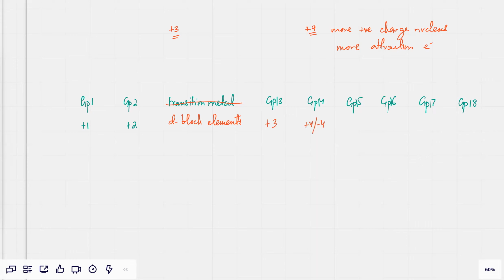No, group 5 is a non-metal. It would start gaining electrons. It's got 5 electrons in its outer shell. How many would it need to fill its outer shell? 3. So it's going to be -3, and this would be -2, and this one would be -1. Is this clear? These are non-metals. I mean, non-metals start at group 4.